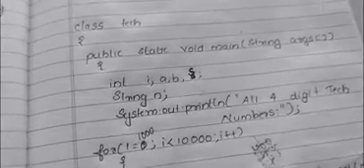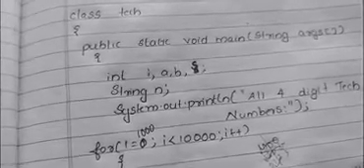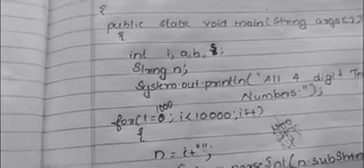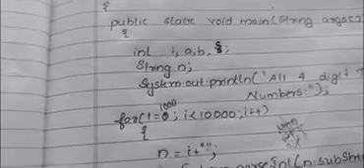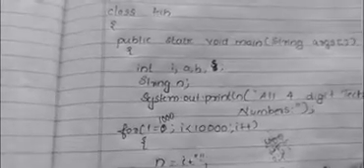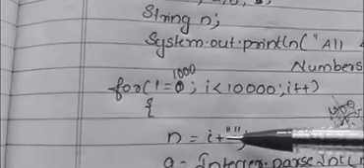We require our considered tech numbers. For that we are checking the condition like this. Clear? For i equal to 1000, i less than 10,000, or instead of that you can give i less than or equal to 9999. Both are right, i plus plus. So here what we are doing is that first we have converted our integer number.